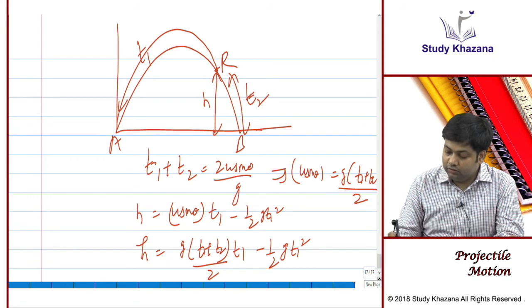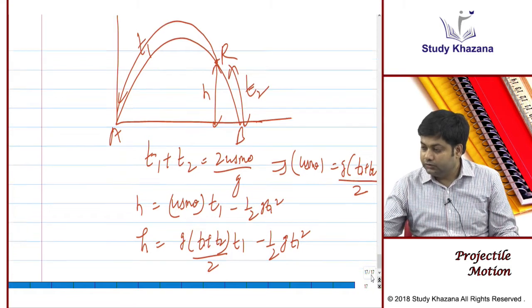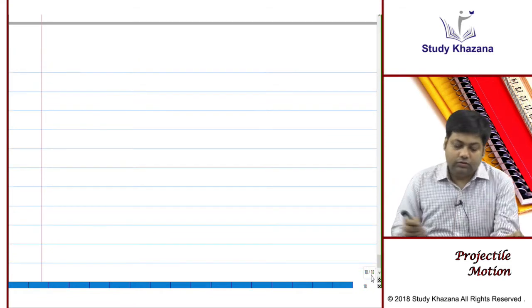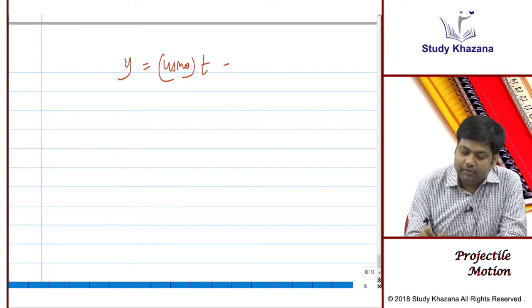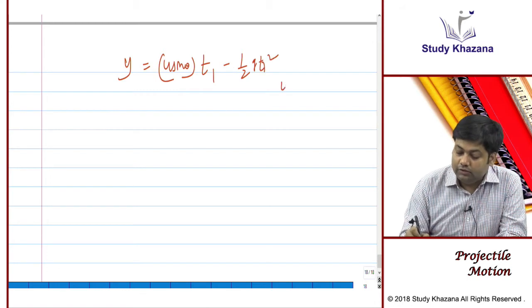Now moving to the next page, what we essentially got is, if you look at the result that we had, we said that u sine theta into t1 minus half g t1 square is 0, and t1 plus t2 was 2u sine theta by g.